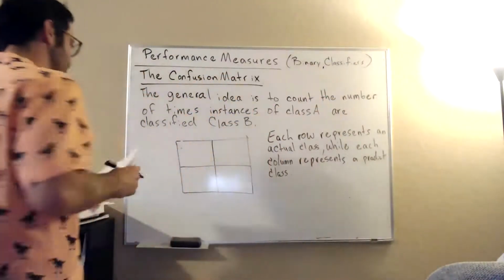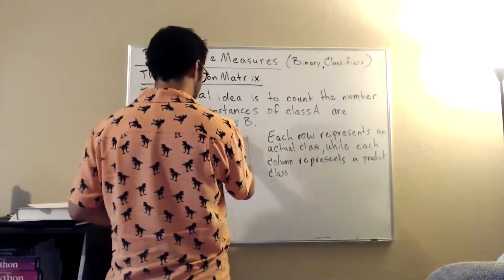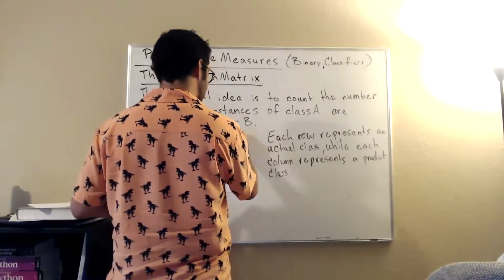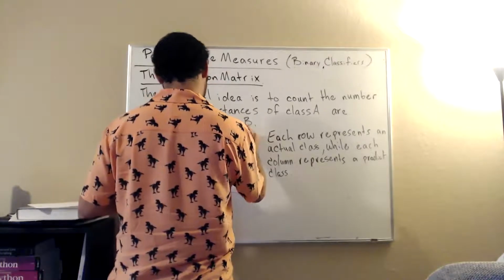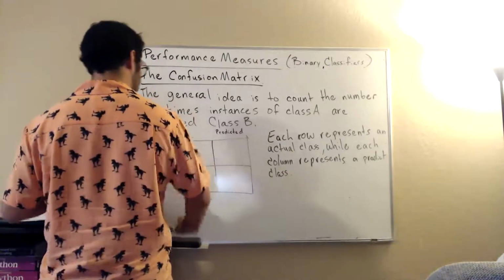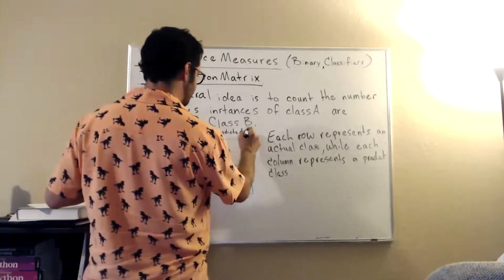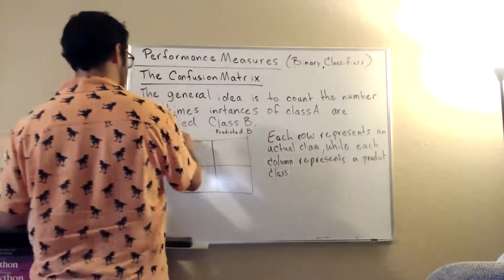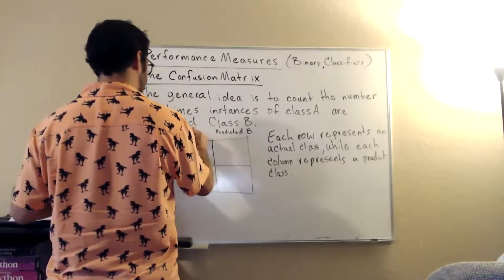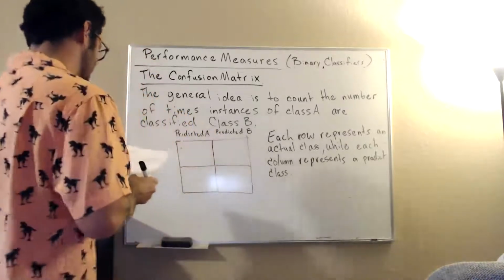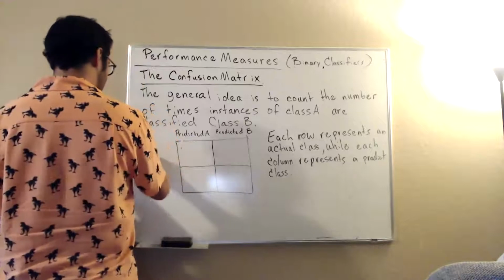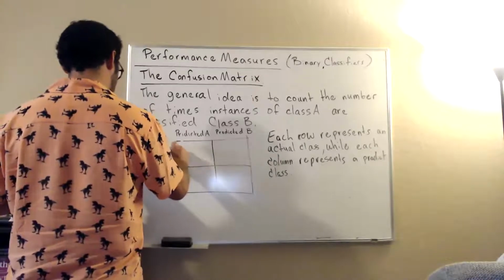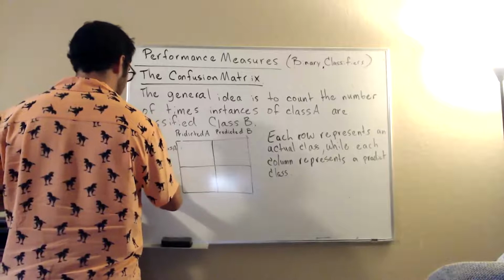So for example, we can have here predicted class B, maybe, and then this is predicted class A, and then actual class A, actual class B.